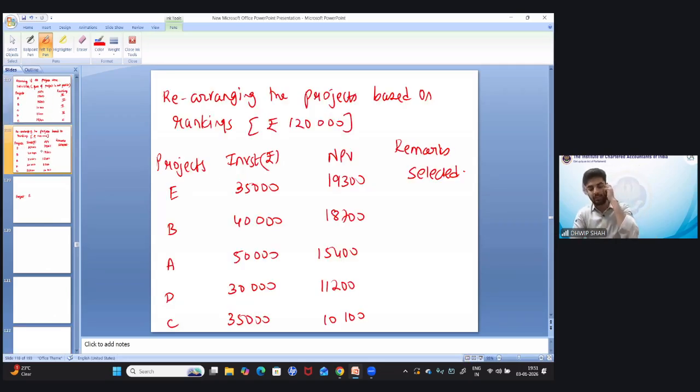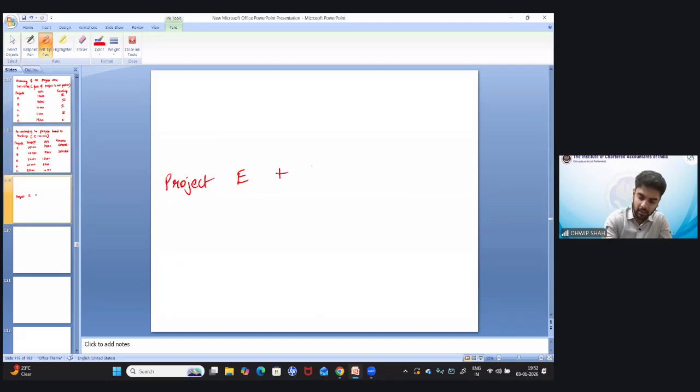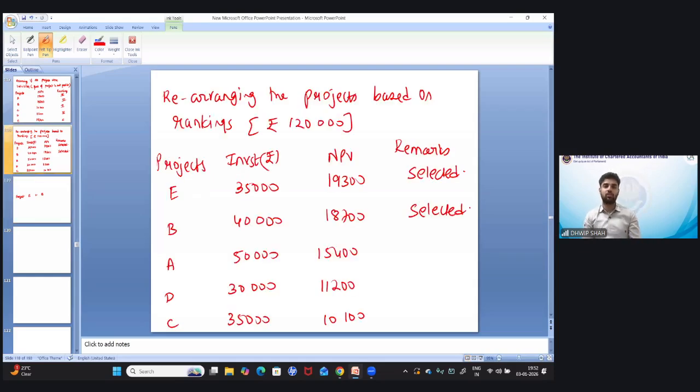So out of 120, 35 is gone. Project B costing 40,000. We still have sufficient funds. Entire project B selected. Understood till here, students? So 35 invested in E, 40,000 invested in B, so 75,000 is done.